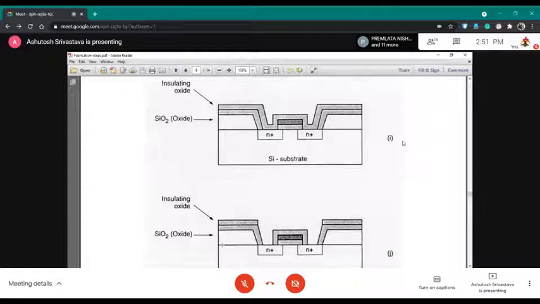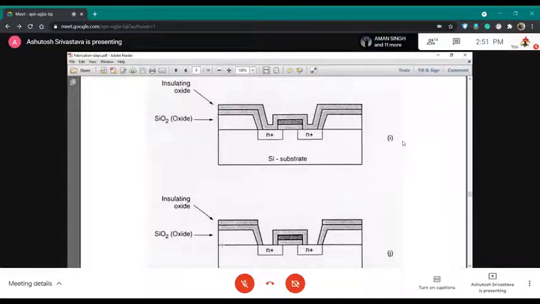So if you think as a 2D, so if you see it in the Y direction or in the X direction, there will be transistors all over on the left hand side, right hand side.